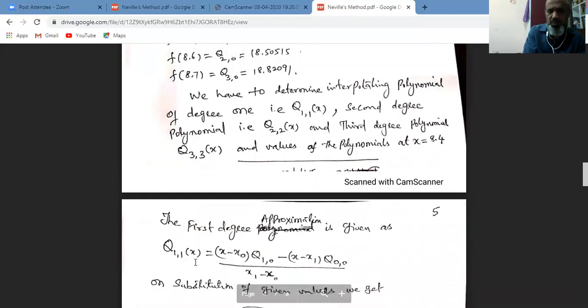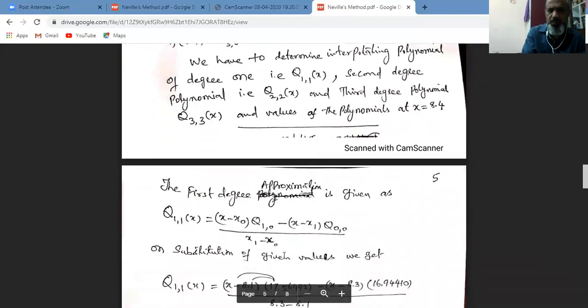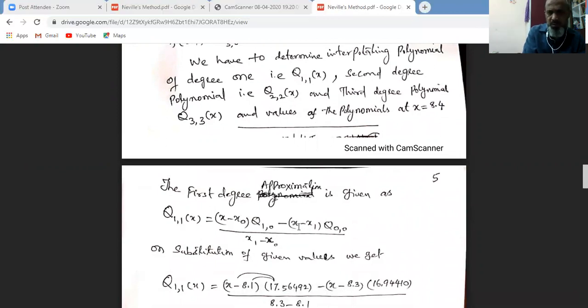So by substituting i is equal to 1, j is equal to 1, we get q11x is equal to x minus x naught into q10 minus x minus x1 into q00 by x1 minus x naught. So we know the value of x naught and x1 and q10, q00. These values we know from the given data. Substitute here the values of x naught, x1 and q00 and q10. So on substitution of the given values, we get q11x is equal to.